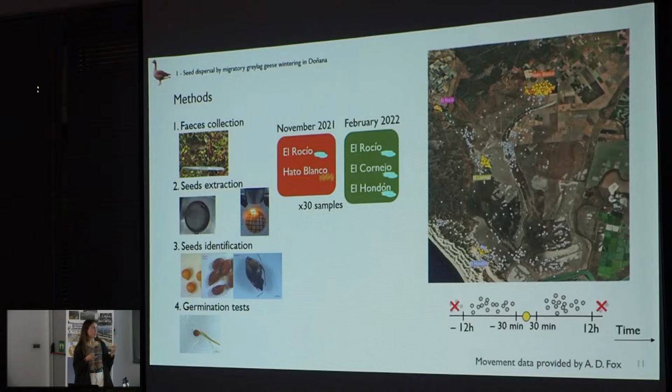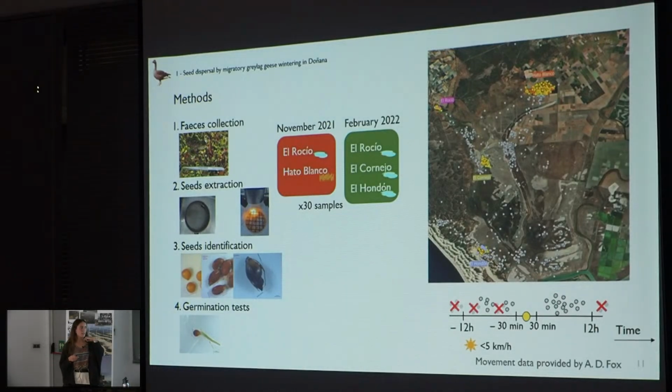And the locations selected in this interval are supposed to be the places where geese could be feeding and then ingesting the seeds. So we filtered them to keep only diurnal locations with a speed lower than 5 kilometers per hour to make sure that the geese were not flying or resting.